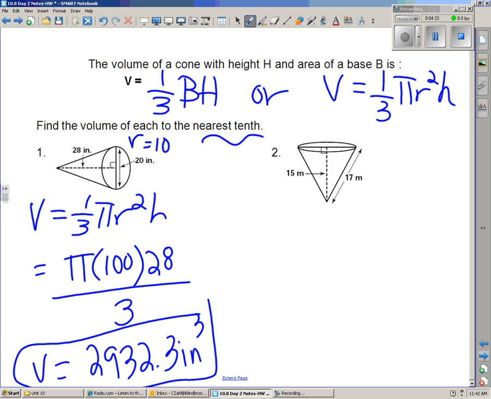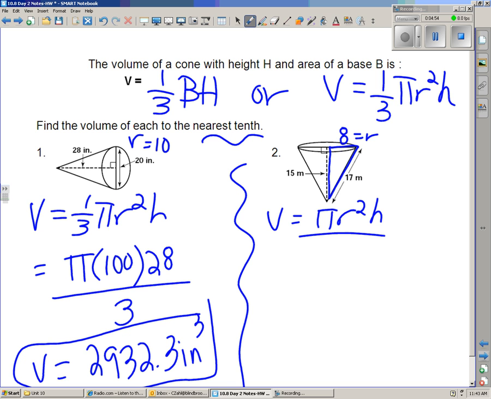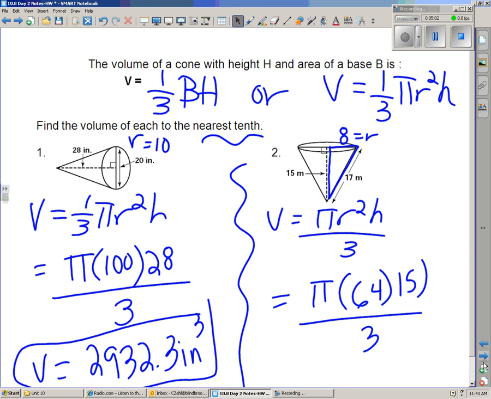Next one. What happens here is we don't have the radius, so we got to figure that out. But we do, in fact, have a right triangle. We've got 15 by 17, and I know triples, therefore my triple means the radius happens to be 8. Pythagorean theorem is fine, or know your triples. So then the volume equals pi r squared h divided by 3, which is pi, 8 squared is 64, the height is 15, divide that whole thing by 3.